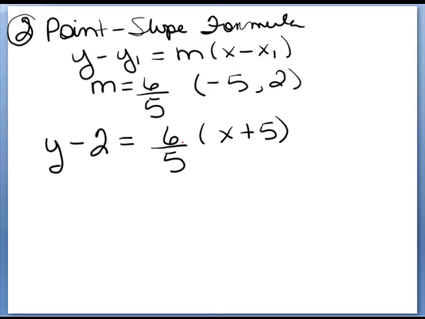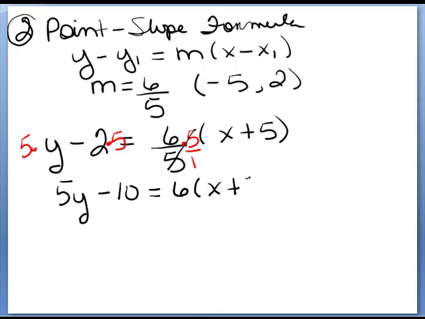Because we have an LCD of 5, let's multiply each term by 5 so we don't have that denominator. So now we have 5y minus 10 equals, well, the 5s are going to divide out, and we have 6 times x plus 5.